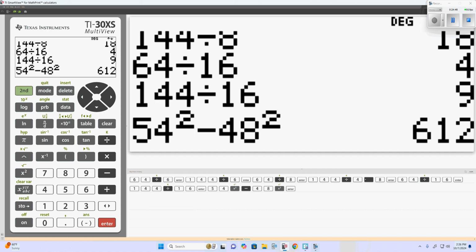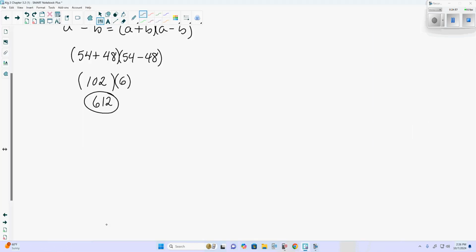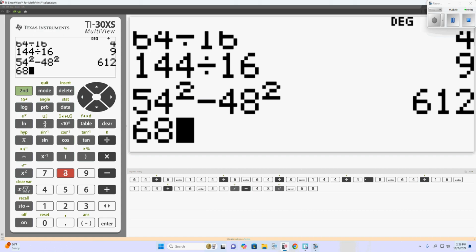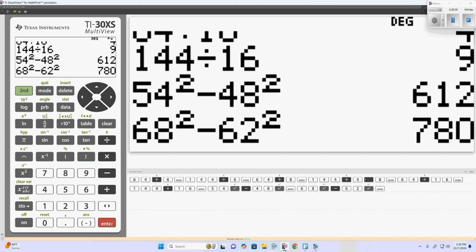They're all numbers. We can just plug this in. Because the next one, questions on this here. Yeah, 612, because I just put it in the calculator originally. 68 squared minus 62 squared. 780.